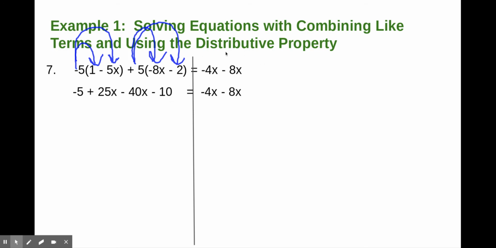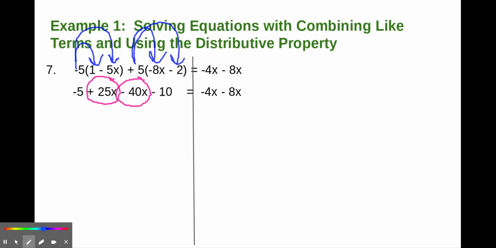I didn't do anything over on my right side yet. First step, distribute. Second step is to combine like terms. Over on my left side, is there anything that I can combine that I'm allowed to? And the answer is yes. On this left side, I can combine this positive 25x and this negative 40x.